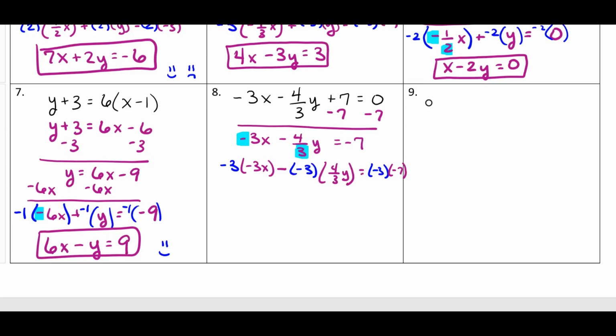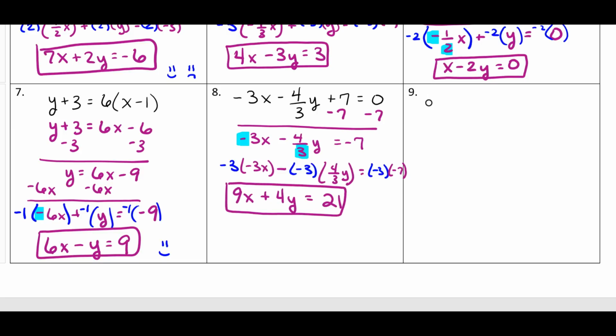So when we do this, we're going to end up with 9x. Be careful of all these negatives here. So this is a positive 4y, because those 3's are going to cancel right here, equals 21. Now again, we can see that the x is positive, there's no decimals or fractions, and the x and y are on the same side.